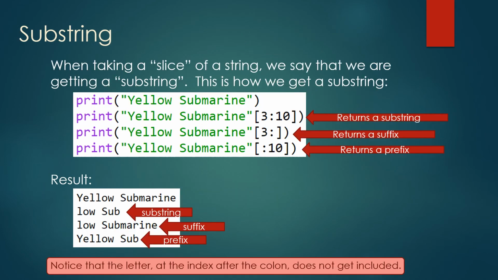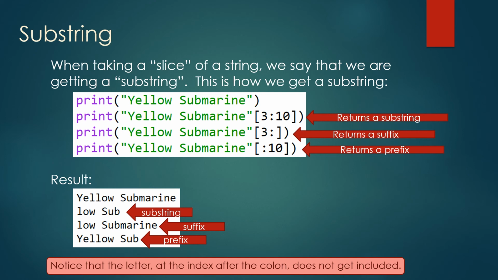We're back to talking about an index again. And by the way, plural of index is indices. So in this case, we have two integers in those square brackets, and it's referring to two different indices. So the 3:10. So index 3, so y is 0, e is 1, l is 2, the second l is 3.